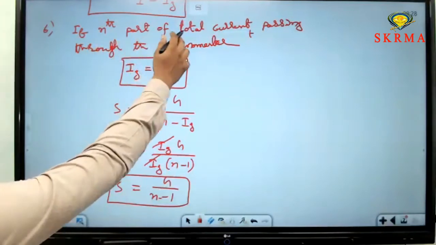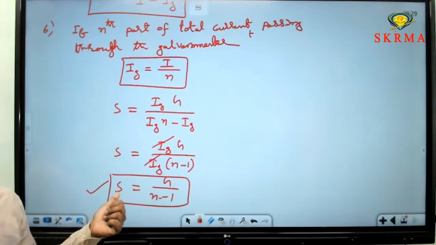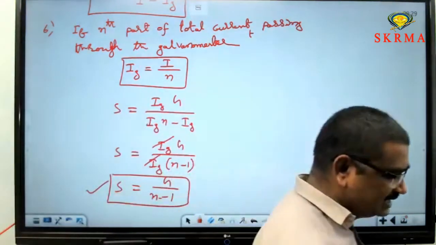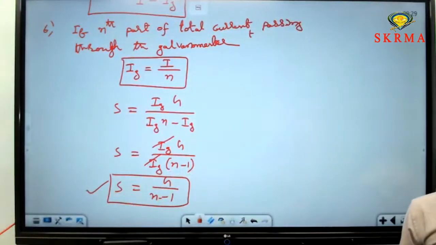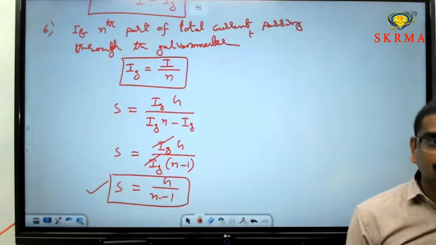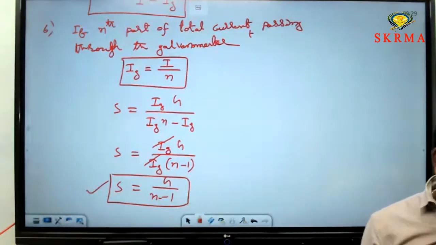If nth part of the total current is passing through the galvanometer, then we can solve for the shunt resistance like this. Is this clear? Just go through this one once.